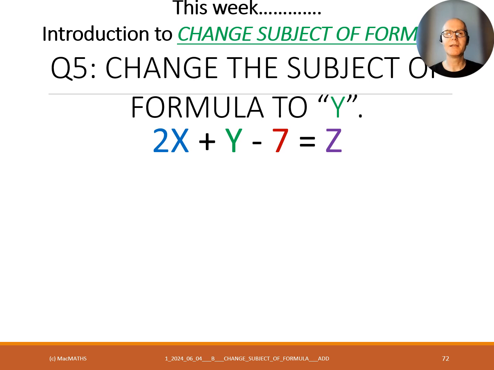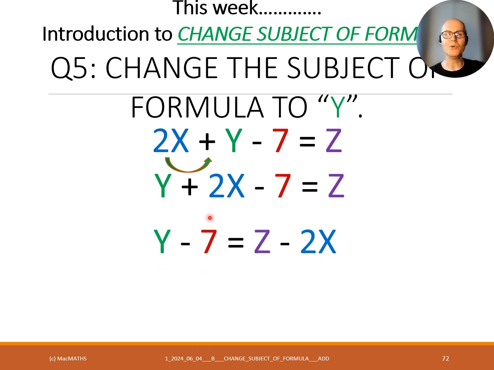Question 5. 2x plus y minus 7 equals z, and we have to change the subject of the formula to y. First thing we're going to do is switch the 2x and the y. We're going to change it from 2x plus y to y plus 2x, and the rest of the formula remains the same.